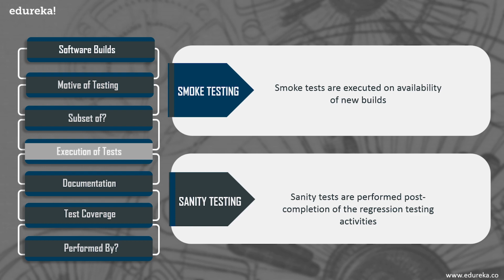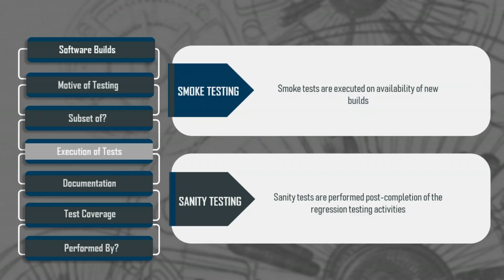Smoke tests are usually conducted on availability of new builds. So as soon as the development team starts providing a new build for the testing team, they start with smoke testing. Whereas sanity testing is usually performed post completion of regression testing activities. So the initial builds which you get go through smoke testing, every initial build, and if there is any error, they reject it.